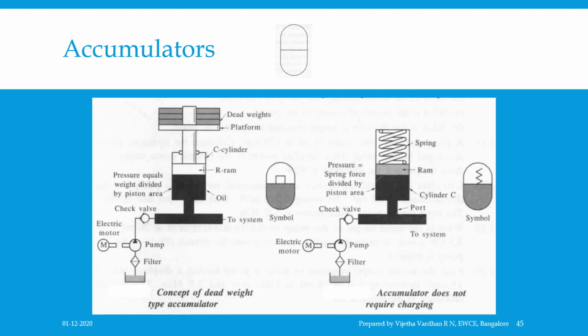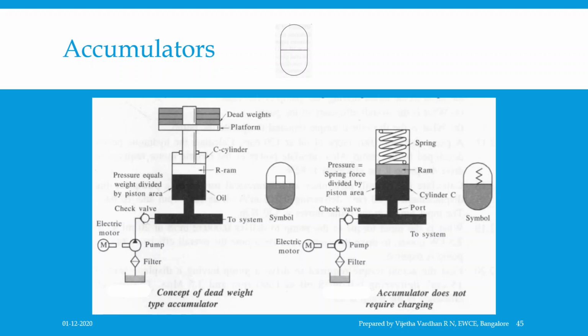That is, the spring is the source of energy that acts against the ram, forcing the fluid into the hydraulic system. These accumulators serve individual hydraulic systems and operate at low pressure. The pressure of the fluid depends on the compression rate of the spring. The spring pressure may be varied by adjustment.